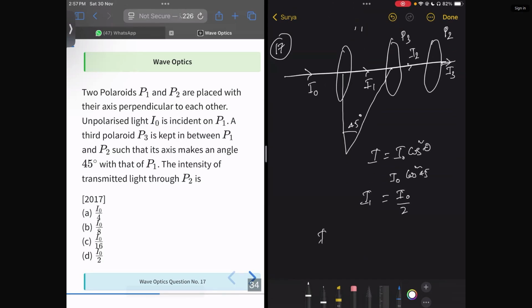Again, I2 will be I0 by 4, and I3 will be I0 by 8.